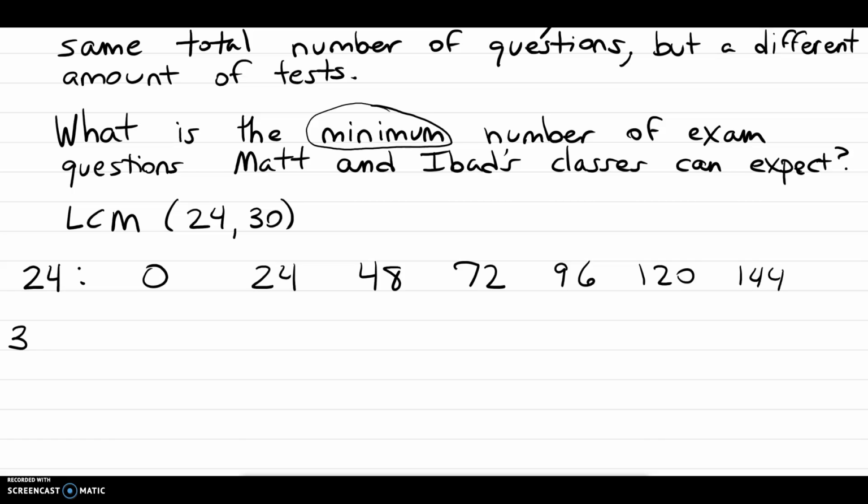For 30, the multiples are 0, 30, 60, 90, 120, 150, 180. So when I'm looking at the least common multiple, I'm looking for what number they have in common, and the least common multiple for these two numbers is 120.